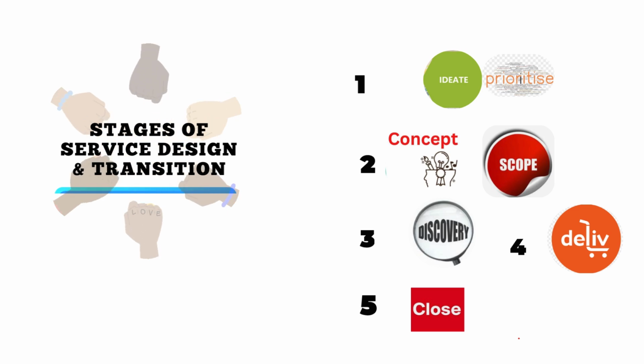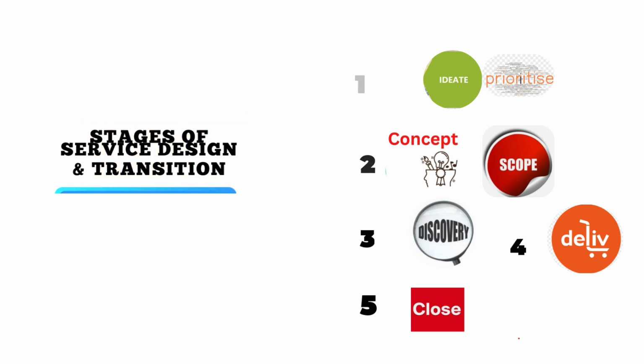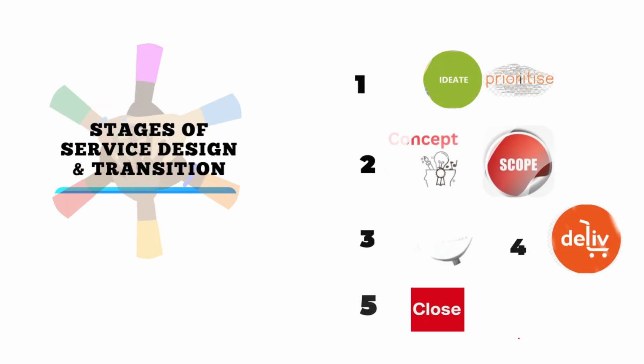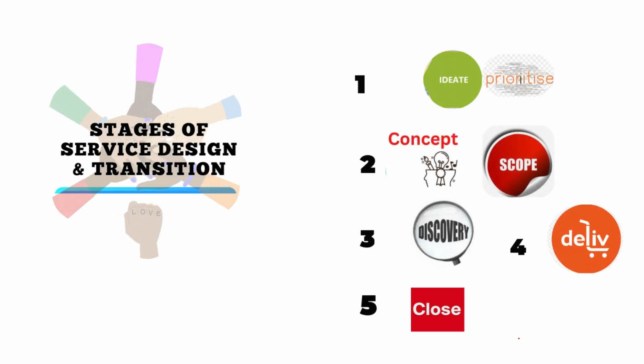So in ideate and prioritize, we don't do anything. You just get the documents, you read them through, you get into the calls, and you try and familiarize yourself with the project. Second is concept and scope. You get the document that is available for review, you just get that copy at the concept and scope stage.